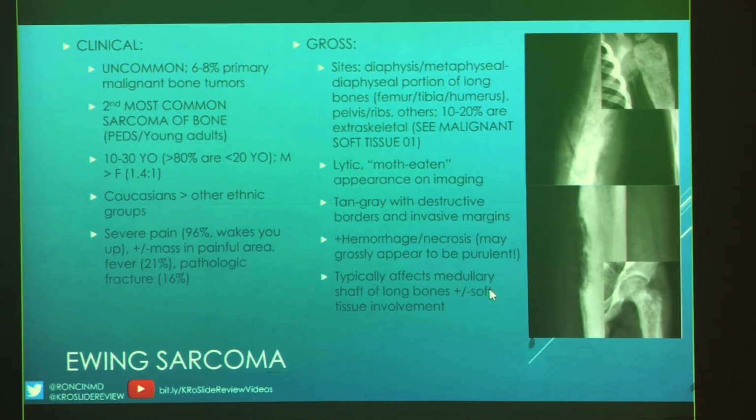They're hemorrhagic and necrotic. They may even appear purulent when you get them in the gross room. And often, as you can hopefully appreciate from the imaging here, affecting the medullary shaft of the long bones. And you can also sometimes see soft tissue involvement.